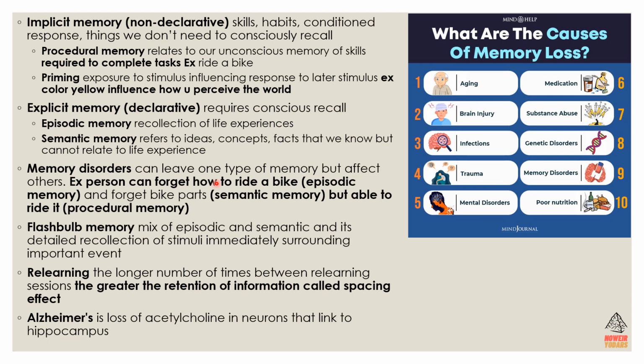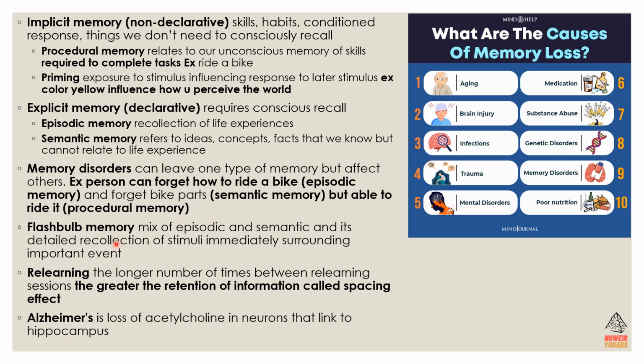And you forget the bike parts. Is that the steering wheel? Is that the spring? That's the seat, right? But then when you get on the bike, you're able to ride it. So it affects the explicit memory, but leaves the implicit memory. You don't consciously know how, but unconsciously you do know how to ride it.